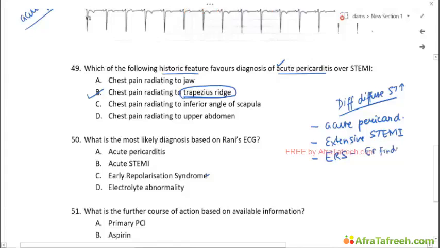Another is early repolarization syndrome, ERS, which is, let's say, an electrophysiologic normal variant finding on the ECG. Okay. Well, ST elevations, concave upwards ST elevation.